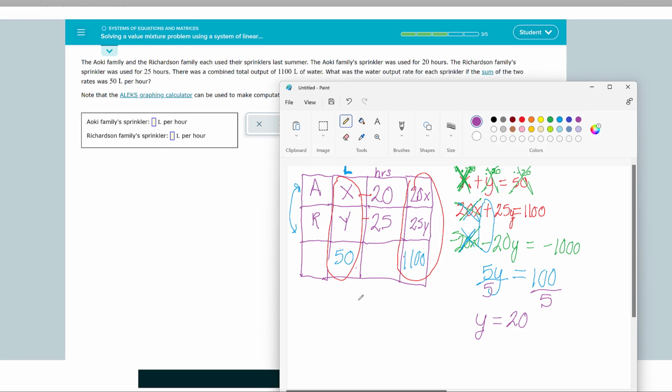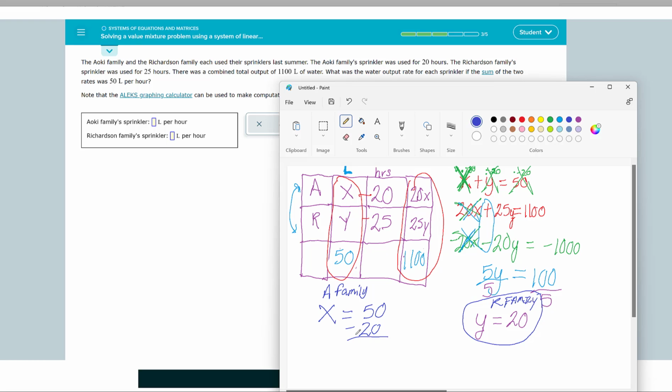All you're going to do to find x, and we're going to change colors, is take our x, which is our A family, is equal, and we're going to put our R family here, is equal to 50 minus 20.